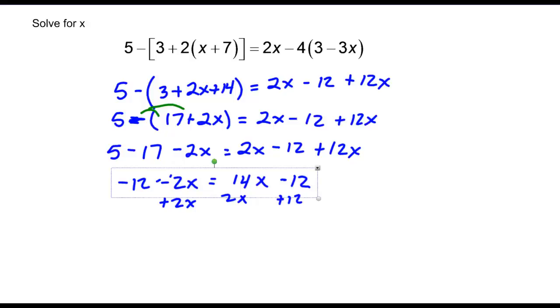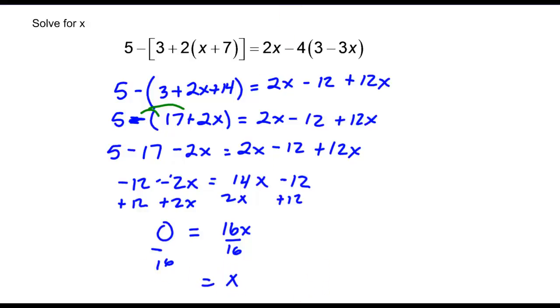We get 0 on one side of the equation, and on the other side of the equation we end up with 16x. Divide that coefficient just like we've been doing throughout, and we end up with x equaling 0, which is a fine answer.